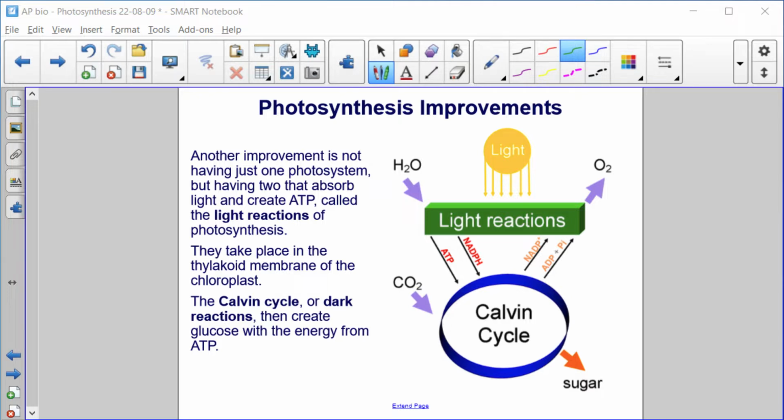The Calvin cycle, or dark reactions, then create glucose with the energy from ATP. So you can see we have two photosystems here, one involving light reactions and the second called the Calvin cycle.